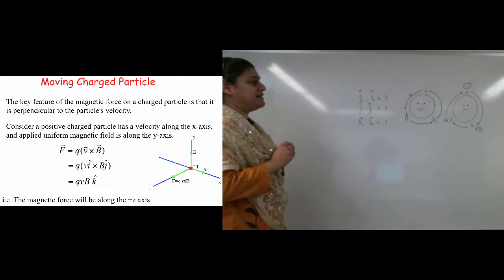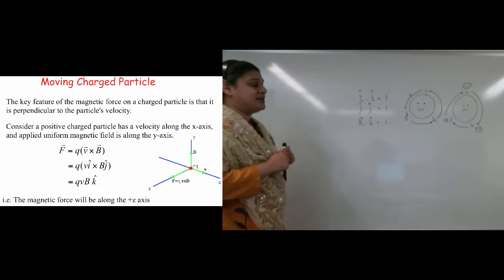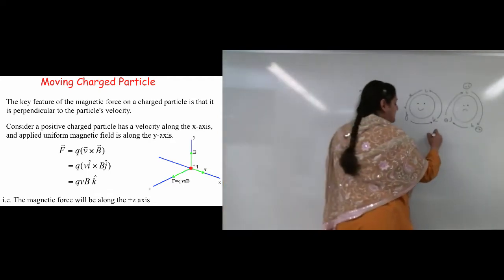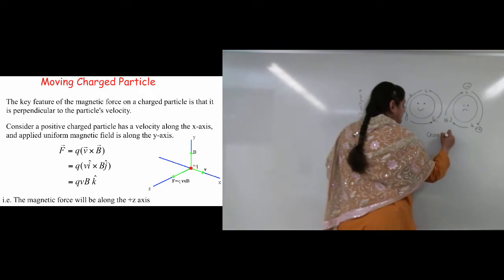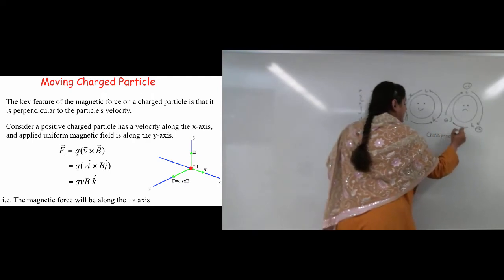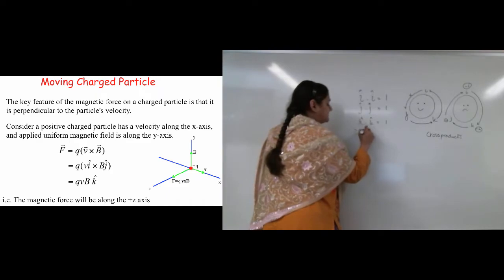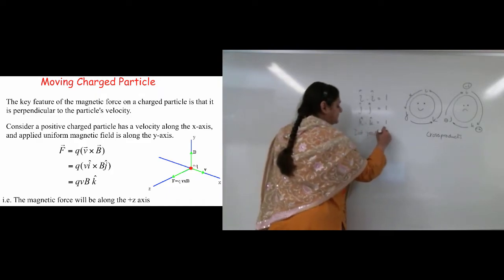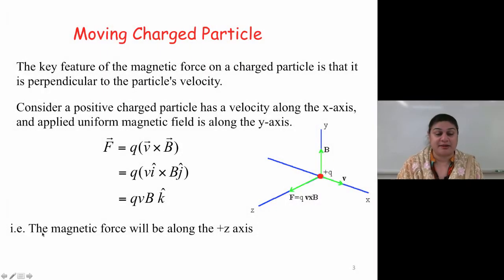So remember the smiley face and a little bit of sad face. Okay, so this is for cross products. And this is for dot products. So for our particular example, the magnetic force will be along the positive z-axis.